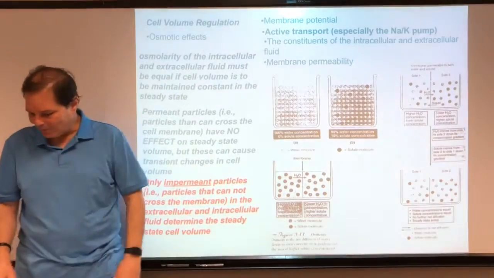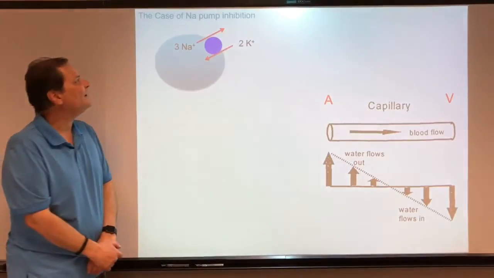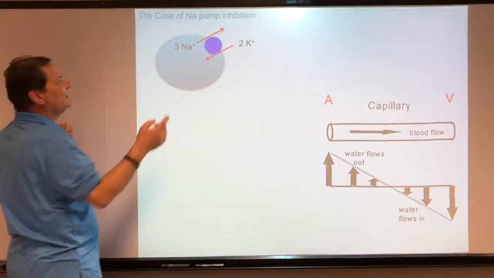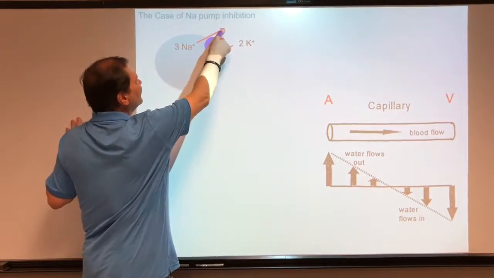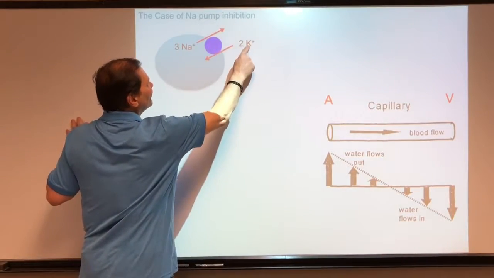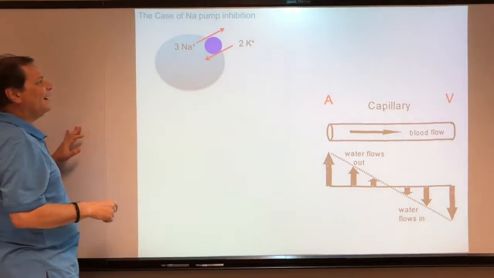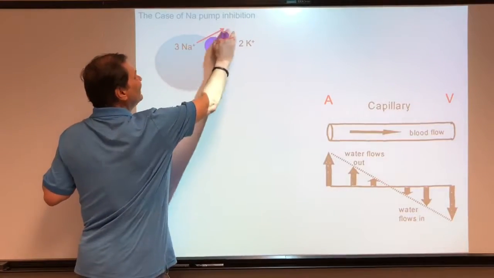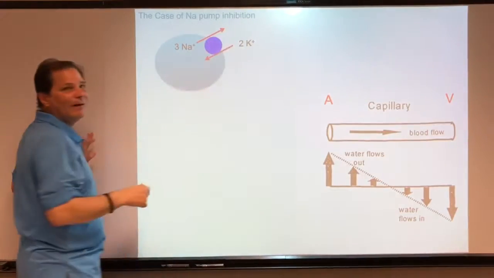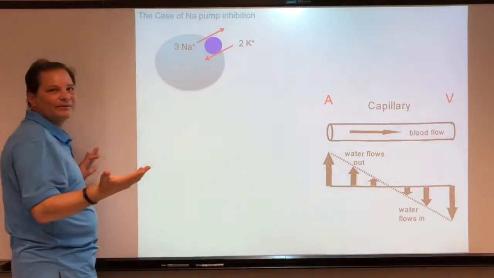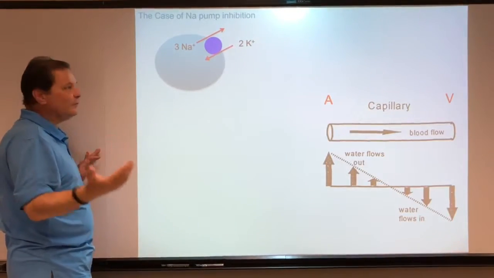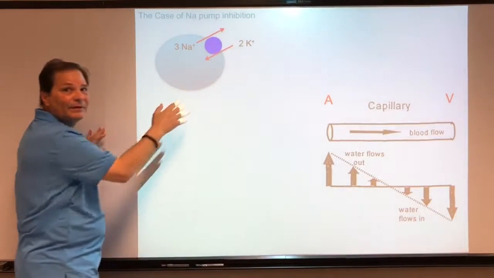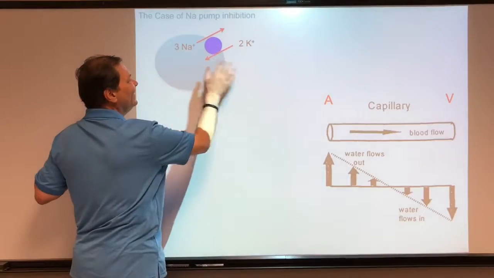So let's talk a little bit about how active transport affects all this. Here's my sodium-potassium ATPase. Now at steady state, I'm constantly moving 3 sodiums from inside to outside and 2 potassiums from outside to inside. Now, I have a steady cell volume here, and what that tells me is that despite the fact that my sodium-potassium pump is moving an extra particle out, there are other things in this membrane, other transporters, other channels that are allowing extra particles to come back in, such that the osmolarity at steady state isn't changing.